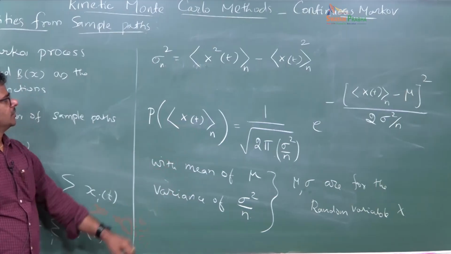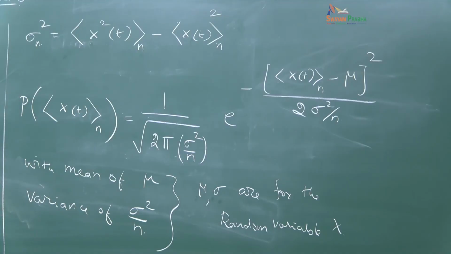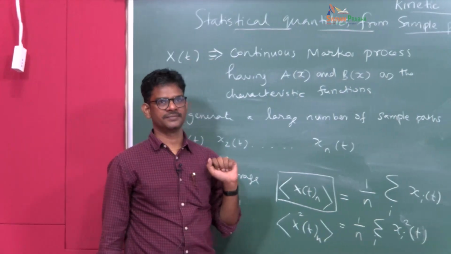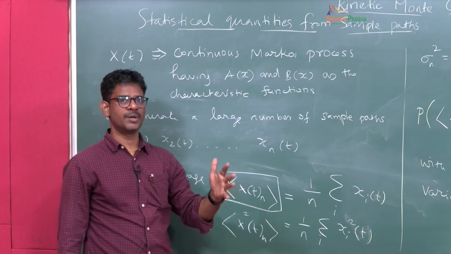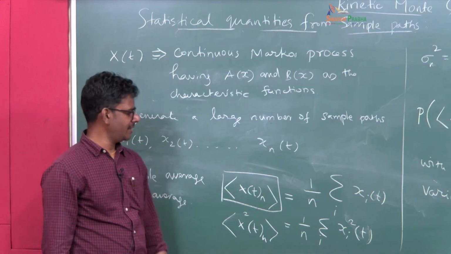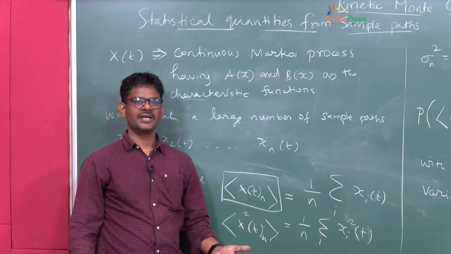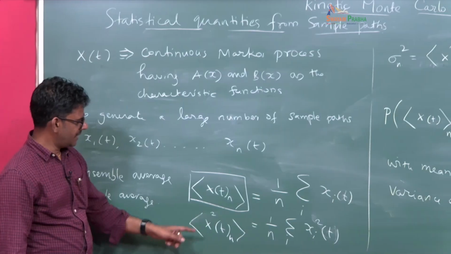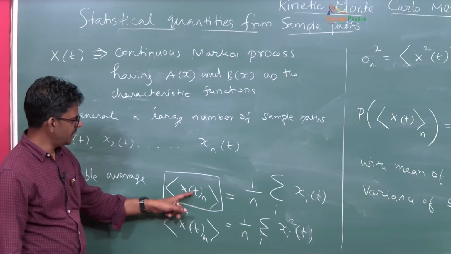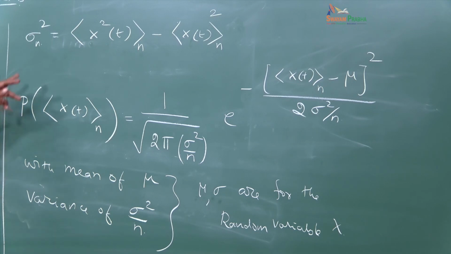Ideally, this mean and this variance should be the true mean and variance of the stochastic process x of t, and that we can get if I can create an infinite number of samples. But like I said, we cannot possibly get an infinitely large number of samples, we can get a finite number of samples, large enough. So we calculate the mean and variance from a finite sample of size n.